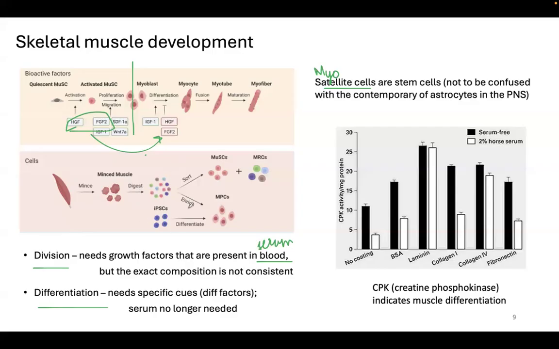In that case, you want to sort out your muscle stem cells. These are your mature cells, and you don't need this. You are interested in your muscle stem cells. And what this bottom step here is telling you is that from your iPSCs, which are pluripotent stem cells, you can differentiate into something called muscle precursor cells.